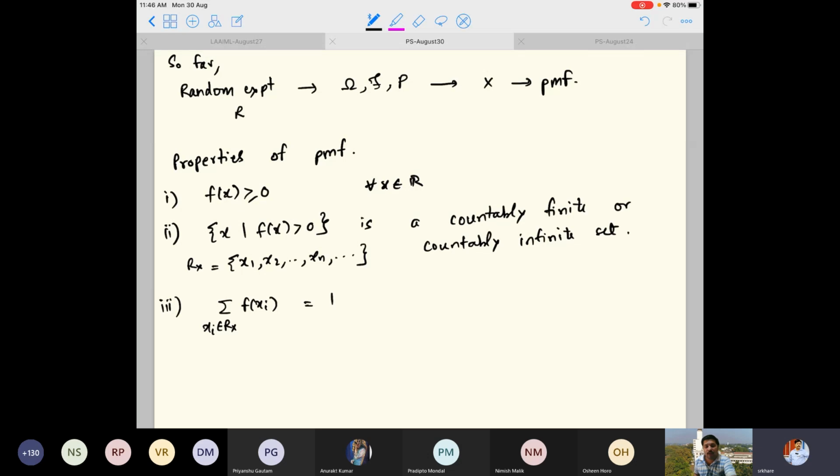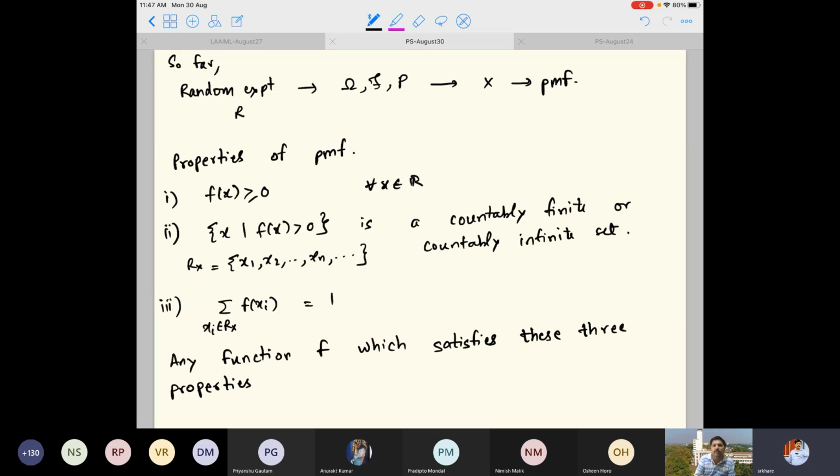So what are we going to say? Any function f which satisfies these three properties, we will call a probability mass function.